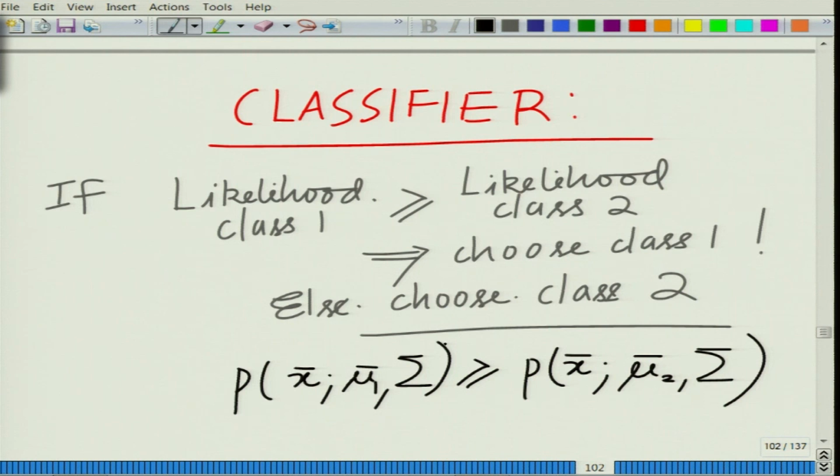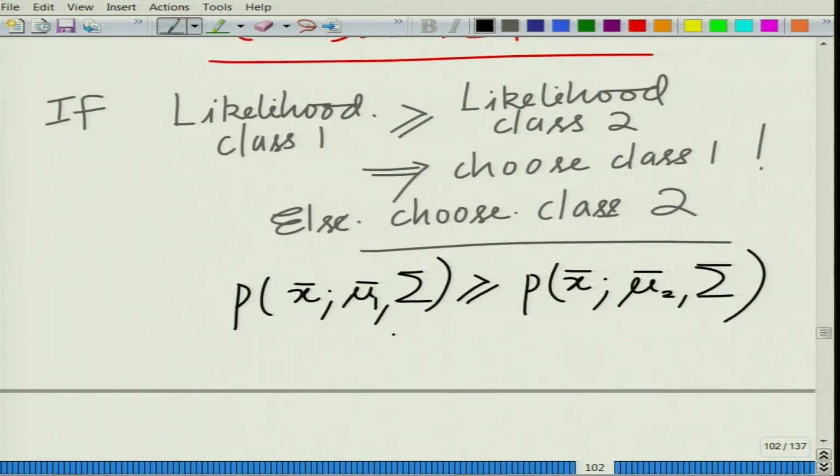So I can write this as a single statement. If this is greater than or equal to this, choose class 1, and if this is less than this, choose class 2. This is the way you write it in a compact fashion. Over the greater than or equal to symbol I am writing class 1, and below the less than symbol I am writing class 2.